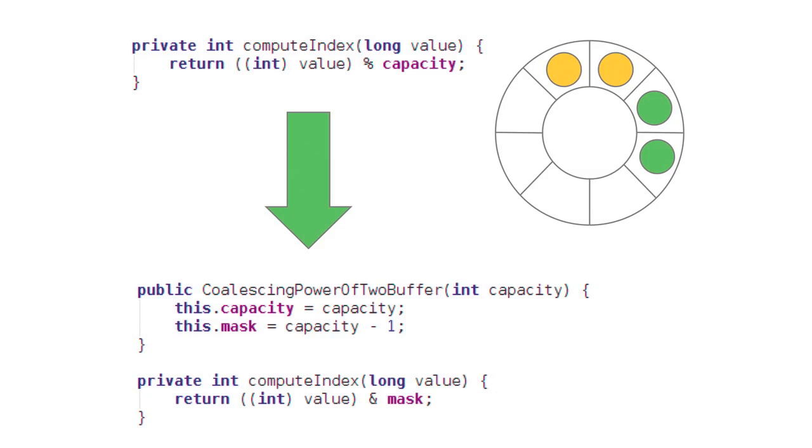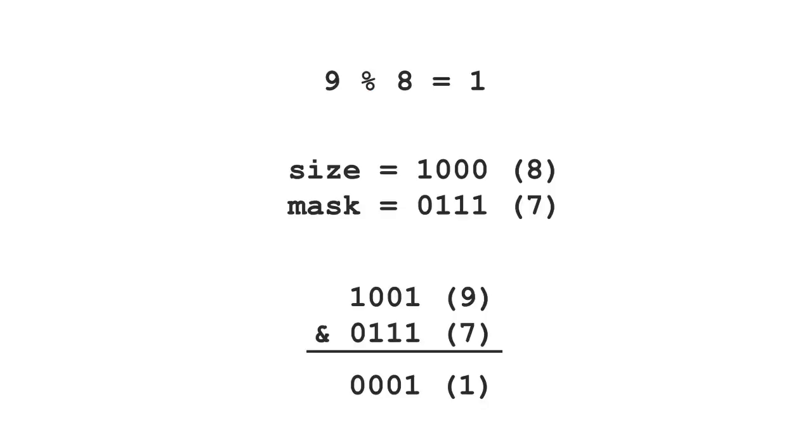Now, this might be going back a bit to your university days, and you can't remember exactly how this works. So let's have a quick look at how it works, just to remind ourselves. If we have 9, we want to divide by 8 and figure out what the remainder is. So our size in this case is 8, which looks like this in binary. We create a mask, which is 7, by subtracting 1 off this, and it looks like that.